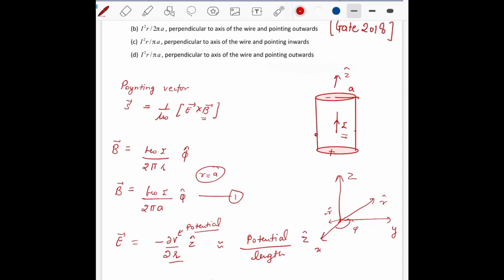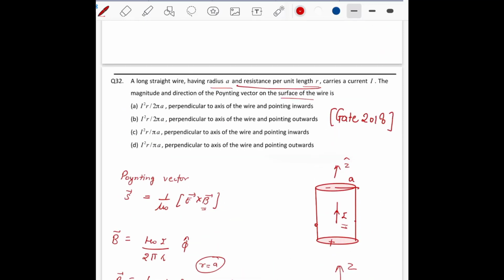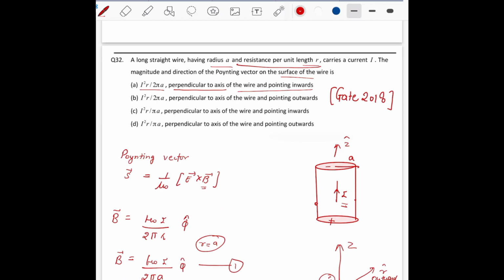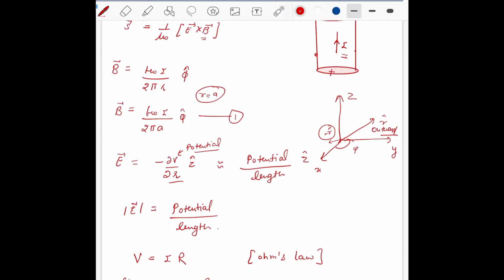So basically, if you take outward as the positive direction, our Poynting vector is pointing in the inward direction. So the direction is perpendicular to the axis. Yes, the axis of the wire is in the z cap. r cap is perpendicular to that, and it is pointing inwards, and the magnitude is I square r by 2 pi A. So A is the correct option here.